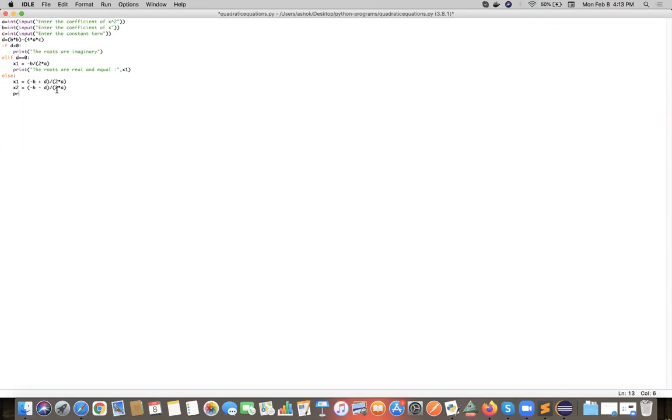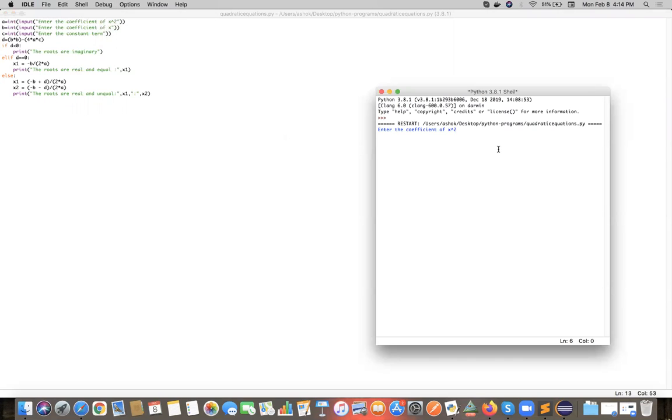Finally you can print the roots are real and unequal, and you could print the roots x1 colon, x2, right?